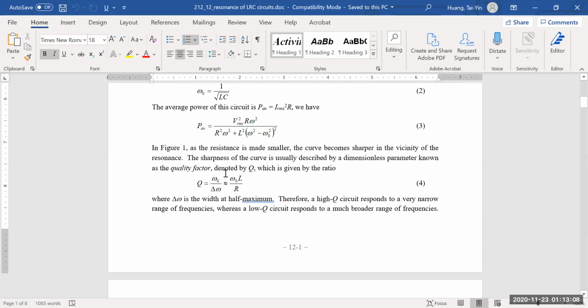Because when you play with the radio before, you'll find that sometimes it's very noisy, and it has to do with the quality factor. If Q is high, then you will have a much clearer signal.